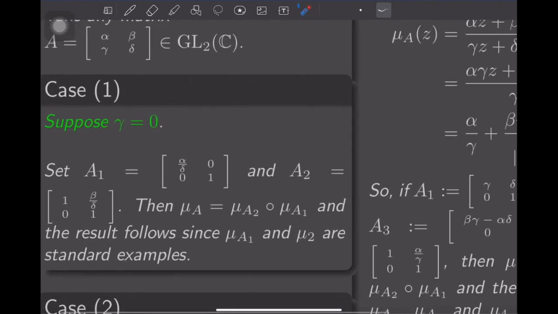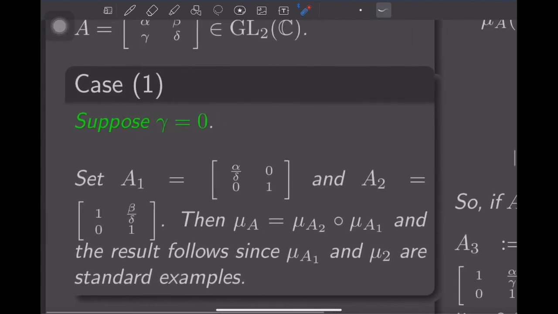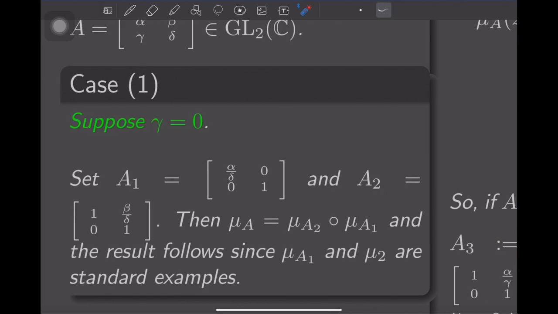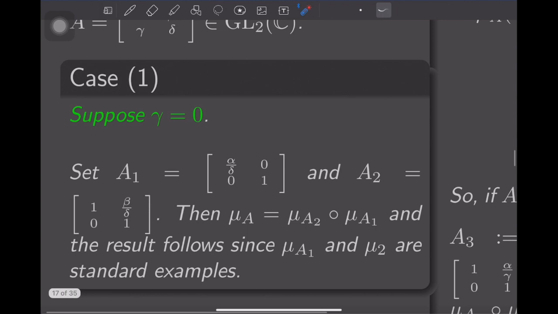So when gamma is equal to 0, it really looks like it can be written as a real scale, a homothety, followed by a translation, right? So that's what I do. I write it that way.